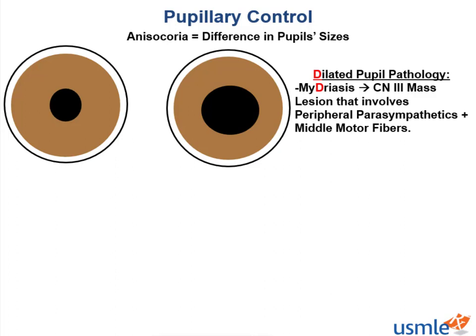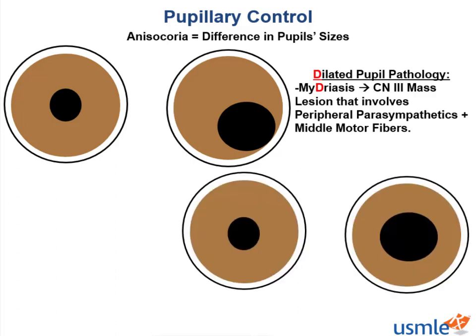Not only would the pupil be dilated on the affected side, but the eye would be down and out. Let me ask you, is an ischemic lesion of cranial nerve 3 likely to produce anisocoria? No. Recall that the peripheral parasympathetic fibers are usually spared in ischemic cranial nerve 3 lesions, with only the middle motor fibers being affected. Nice work, student doctors.